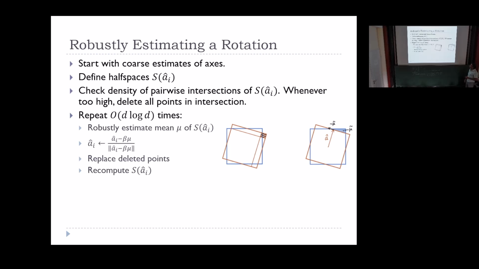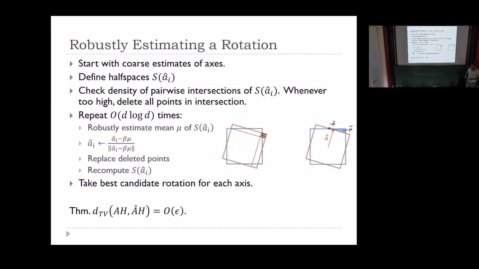Then we repeat this; the number of iterations of this algorithm is only d log d. We robustly estimate the mean of what's outside and use that to shift the current point. Whatever points we deleted, we put them back in the next iteration and do it again, and again. And the point is this will monotonically converge to the correct answer.